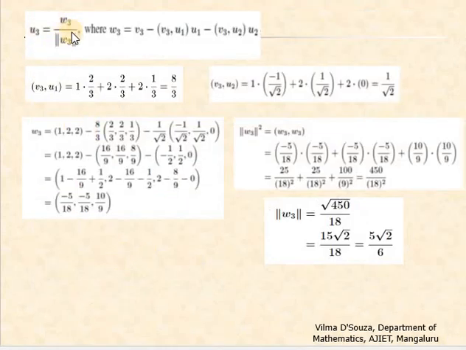U3 is W3 by length of W3, where W3 is equal to V3 minus V3 comma U1 into U1 minus V3 comma U2 into U2. This formula we have seen. Now you need to find V3 comma U1 and V3 comma U2. That is the first step.